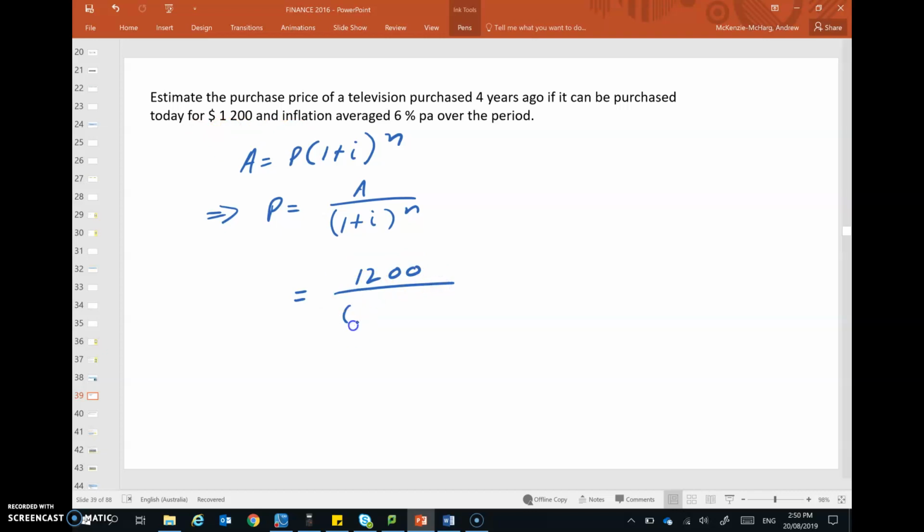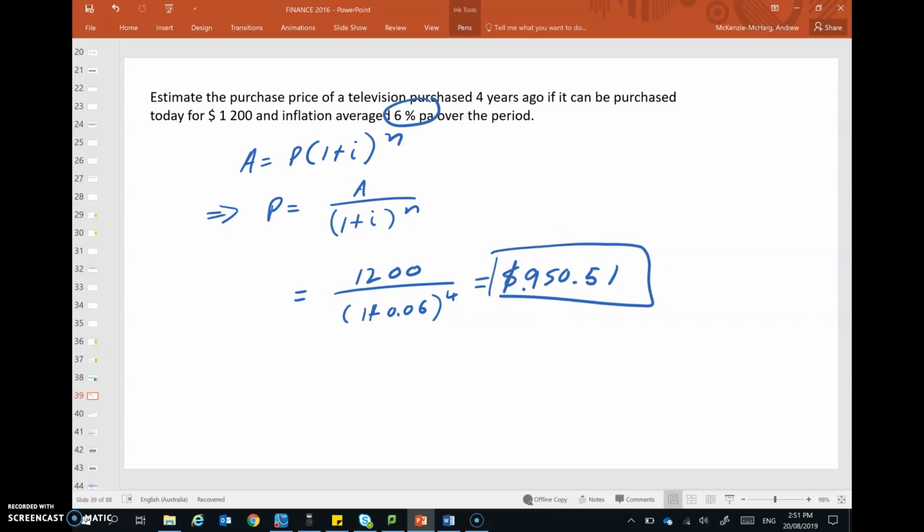It goes where A is. 1 plus 0.06 for 6% per annum. And this is 4 years ago, so our power is 4. So if you put that into the calculator, you should find that the television used to cost $950.51.